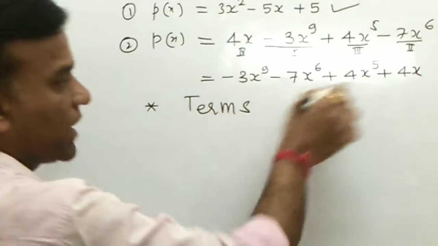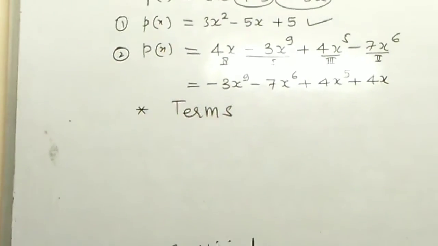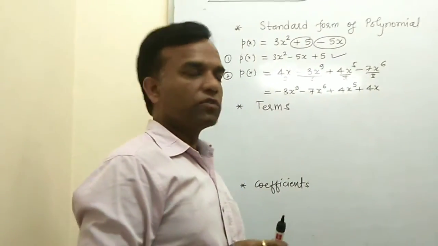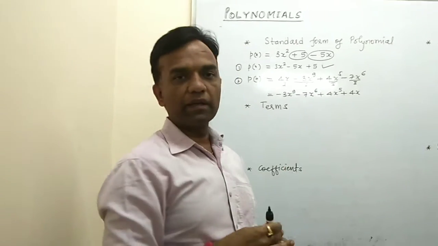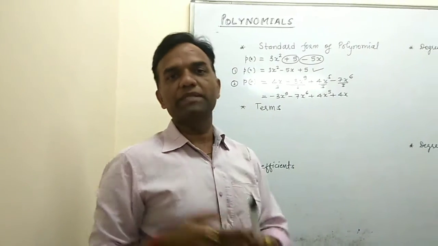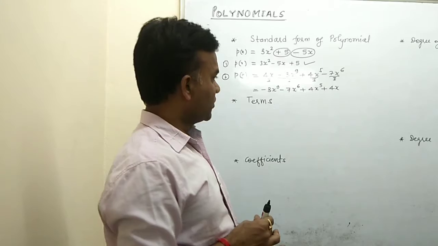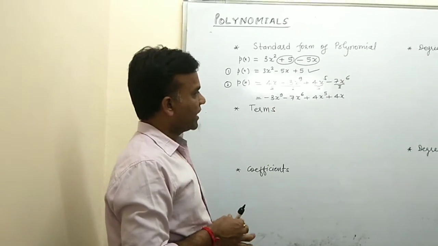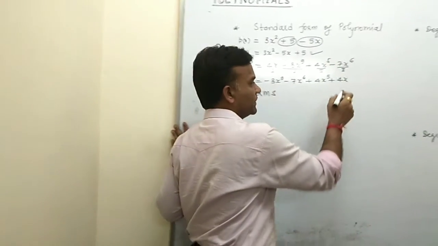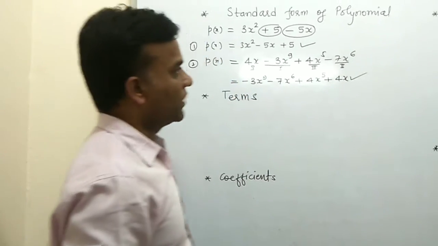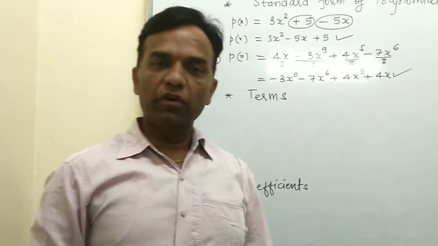Okay, so this is the standard form of the polynomial because you show all their degrees in descending order. So first you arrange your degrees in descending order, so that it is in the standard form.